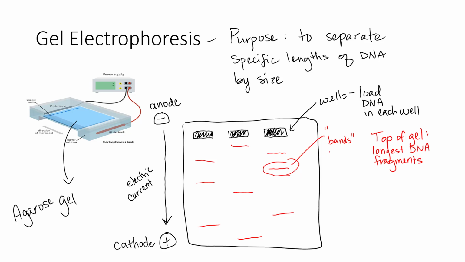They're longer, so they don't move as fast, so the longer fragments would be at the top, and then sort of medium size in the middle, and then the really short DNA fragments would be at the bottom. Okay, so top of the gel we get longest, bottom of the gel we end up with our shorter fragments.